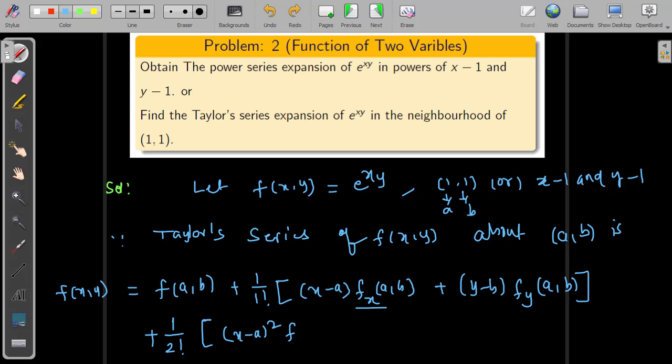Now I am writing second order partial derivatives in this term.